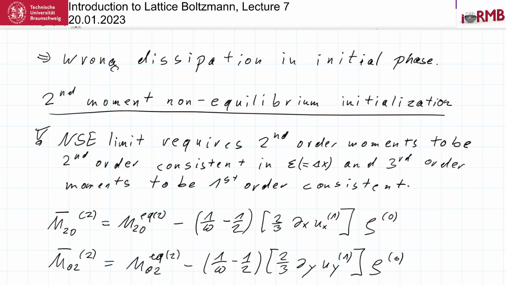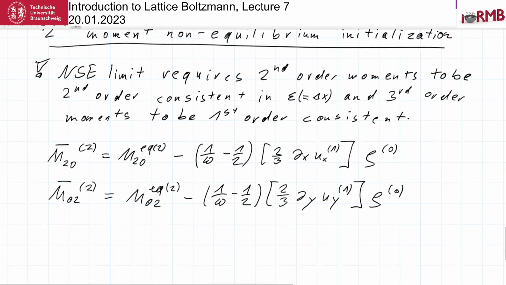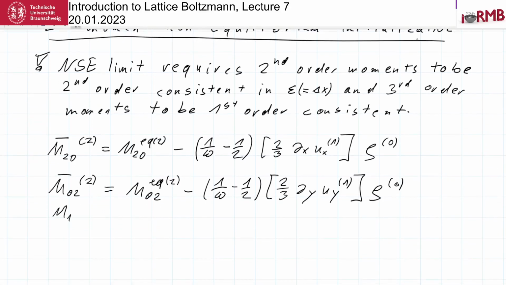into the constant parts. And then we have the other second order moment, M11. Also to second order, it is M11 equilibrium that we get from our equilibrium initialization, minus 1/3, 1 over omega minus 1/2.